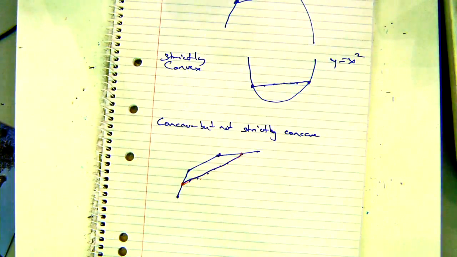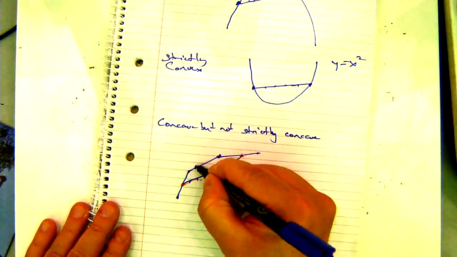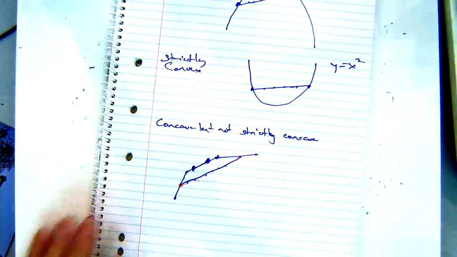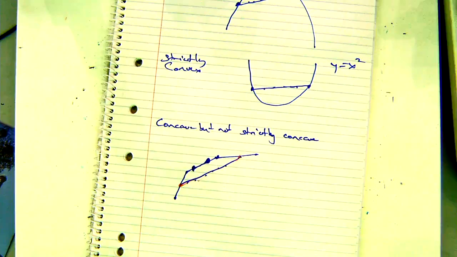And you may say, well, therefore it's strictly concave. But if you take these 2 points on the same line segment, notice that the points in between lie exactly on the function. So it's not strictly concave. To be strictly concave, for any 2 points you pick, the line has to be strictly below the function. Here, you pick any 2 points on this function, it's either below or on the function. So we say it's concave, but not strictly concave.